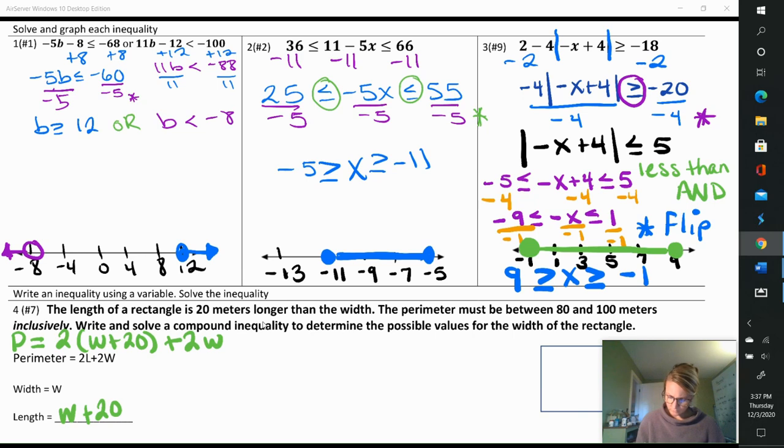So now let's move on to the compound inequality part. The perimeter must be between 80 and 100 meters inclusively. So the perimeter has to be less than or equal to 100 and also greater than or equal to 80.